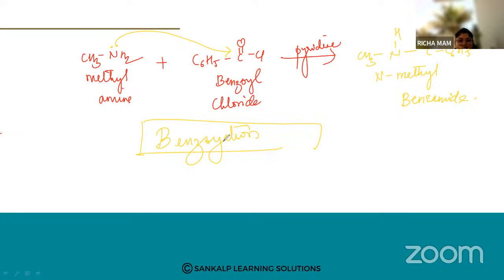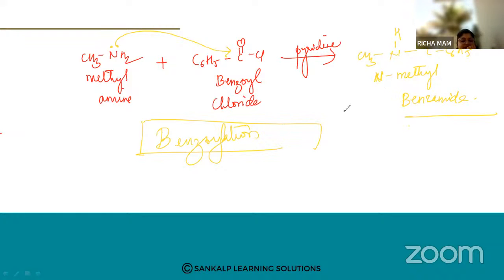Benzoylation. Understood? So remember this. When methylamine reacts with benzoyl chloride, the lone pair of electrons from nitrogen attacks the carbonyl carbon, and we get N-methyl benzamide.